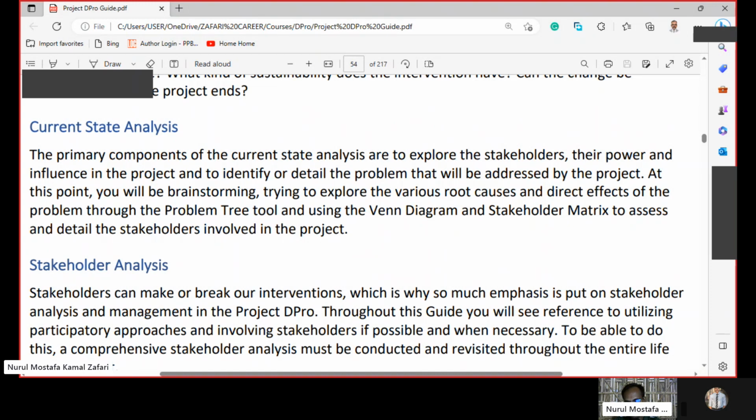Now, stakeholder analysis. Let us read it first, then we can discuss shortly.